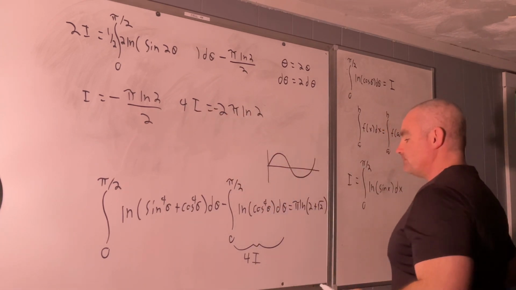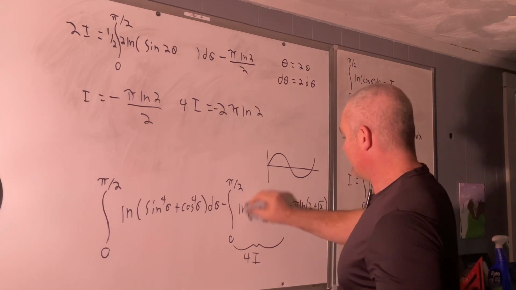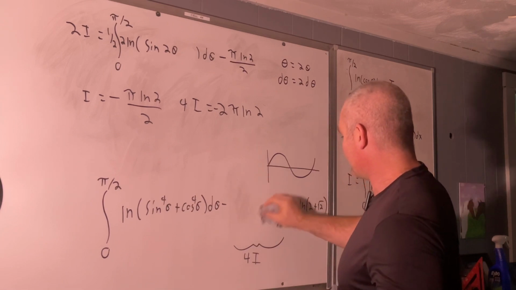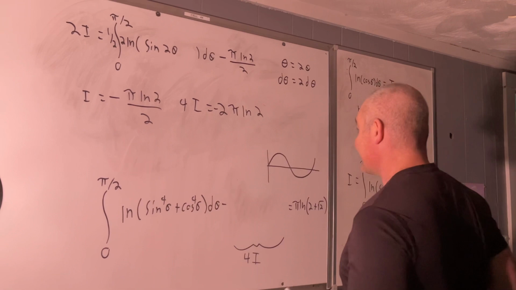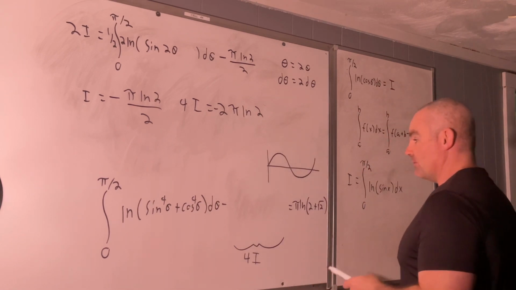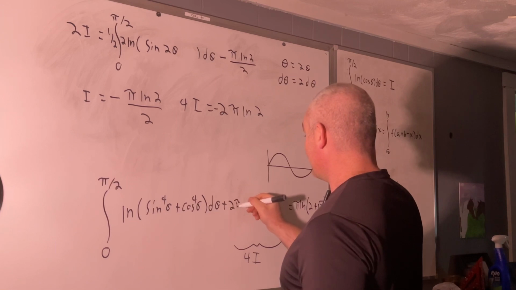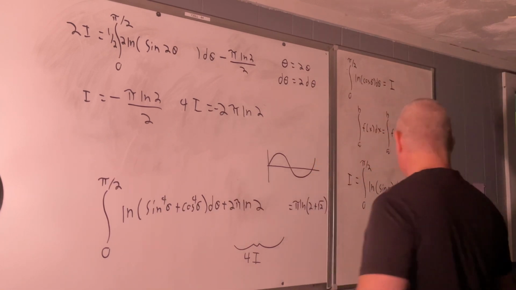All right. So this right here just becomes minus 2 pi natural log 2. In other words, plus 2 pi natural log 2.